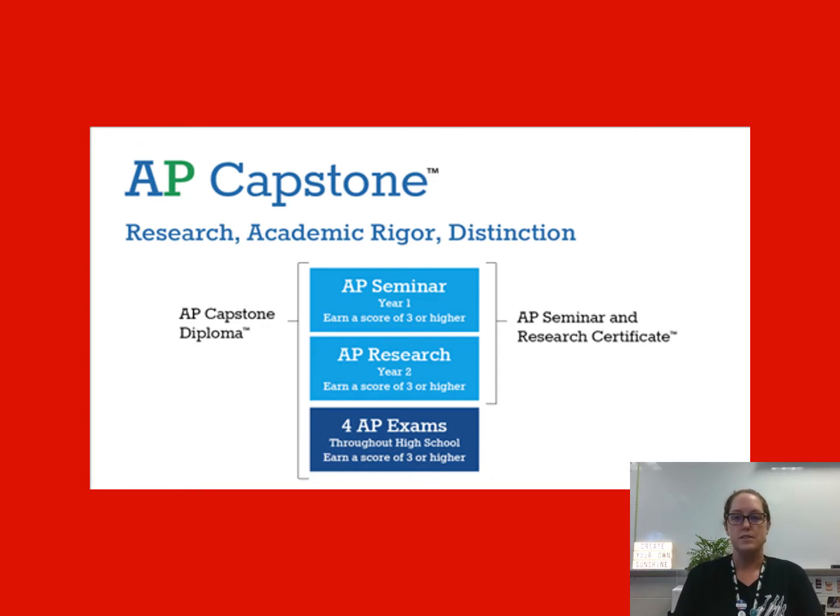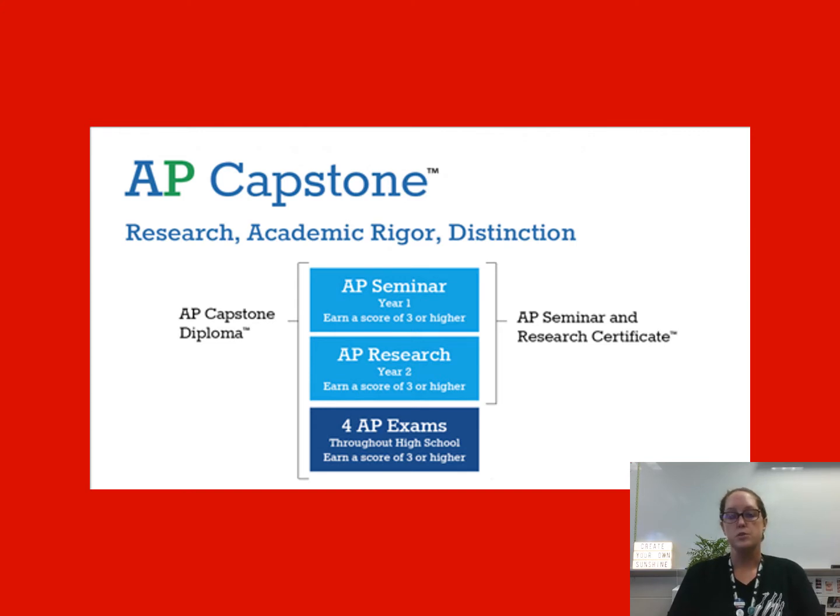This is the second year of our Capstone program, which is one of the most distinguished AP programs that we offer here. The first year, which your student took last year, is AP Seminar, and they were able to score a 3 or better in that, where they learned a lot of the skills that are going to be very useful this year in research.